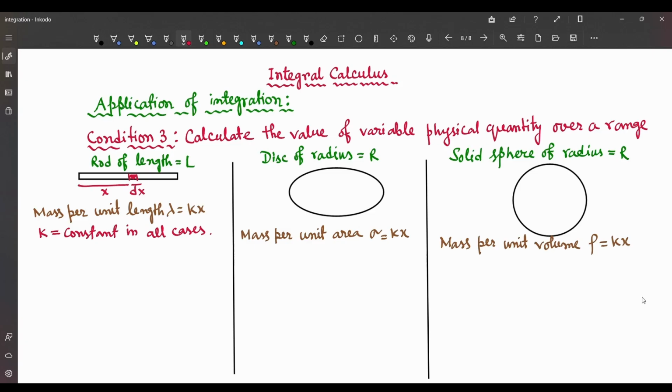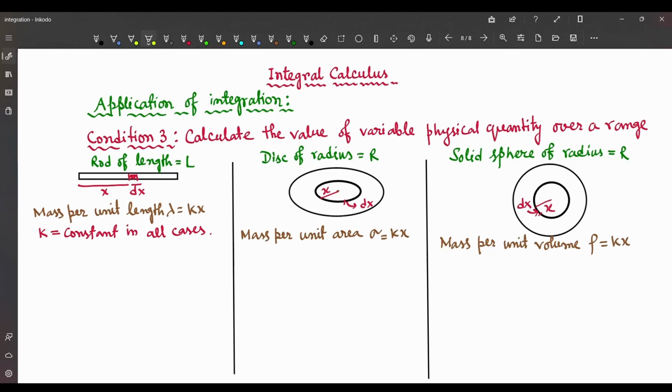We can say that the disc consists of lots of concentric rings, so we consider a ring of radius x with thickness dx. The solid sphere can be made of concentric spherical shells, therefore we can take a spherical shell as an elementary part. Hence, I consider a spherical shell of radius x with thickness dx.